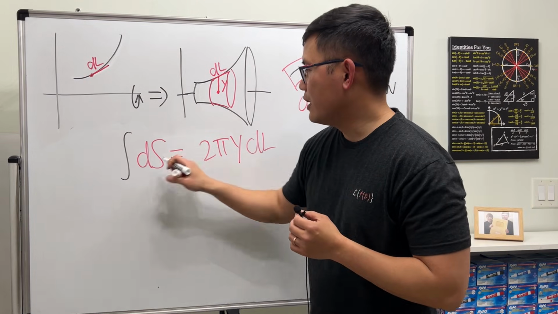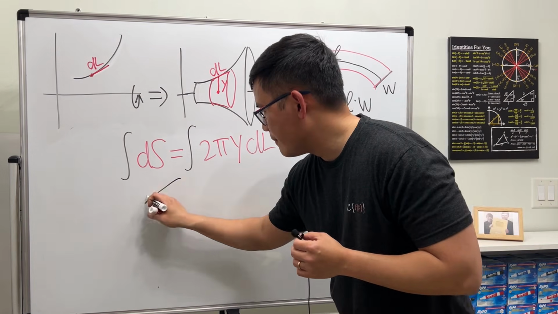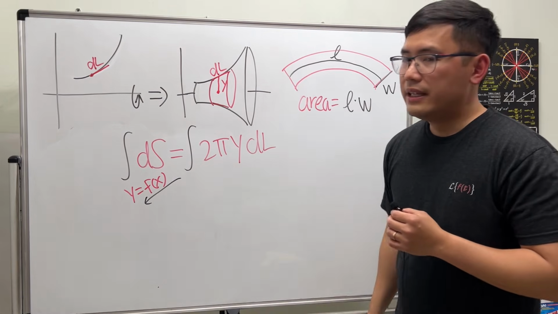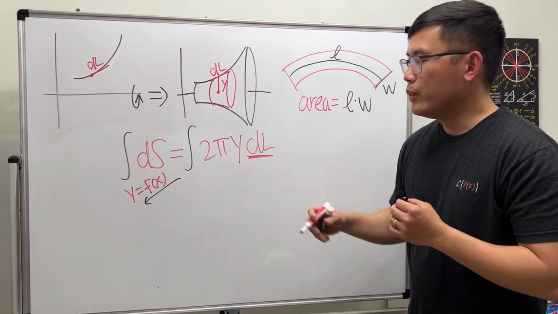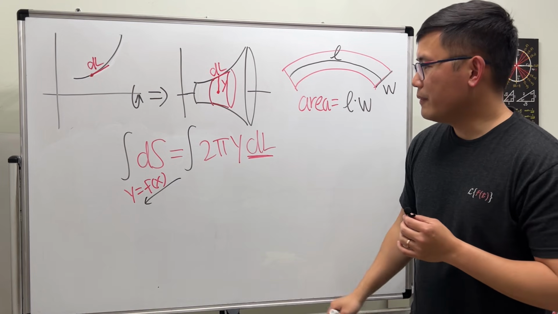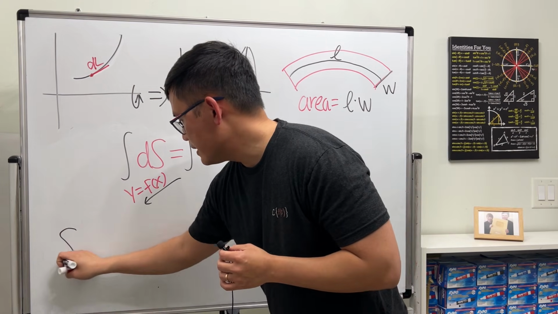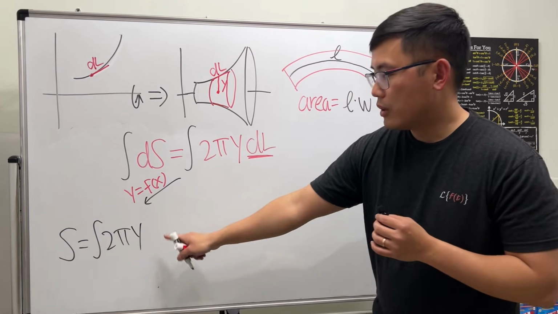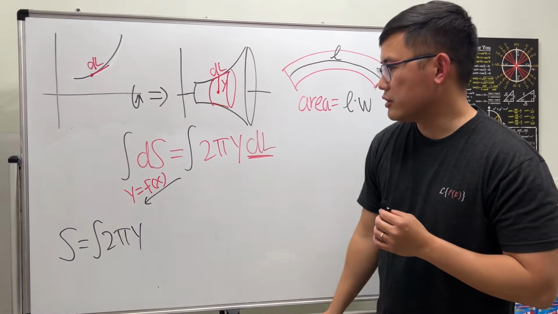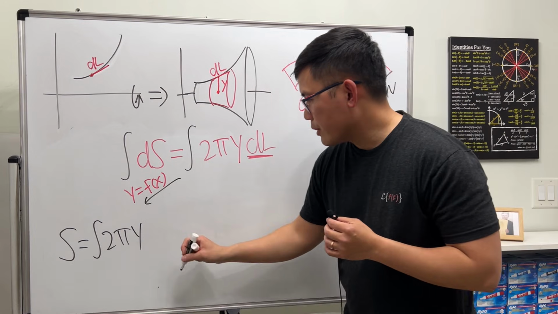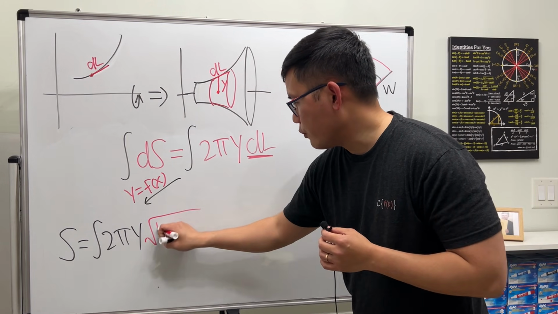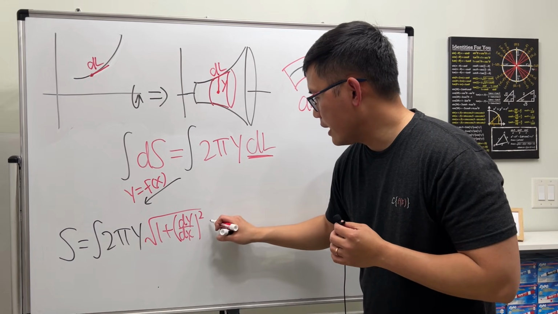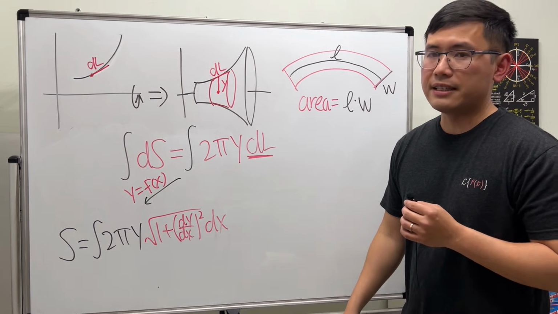So imagine you integrate. If we have y as a function of x, then for the dL, we are going to use the version that we got earlier, and I'll write this down. Surface area will be the integral of 2 pi y. 2 pi y stays the same. But for the dL, I'm going to write down the square root of 1 plus (dy/dx) squared, and then we have the dx on the outside.